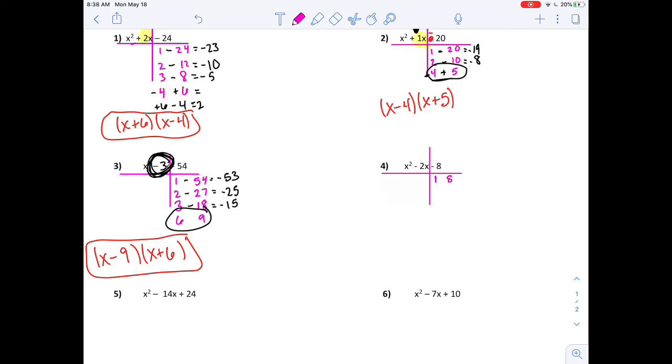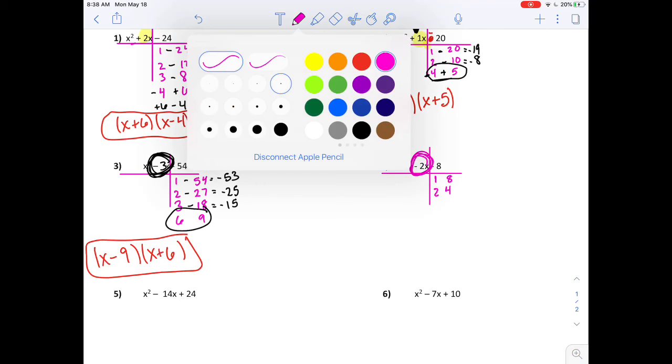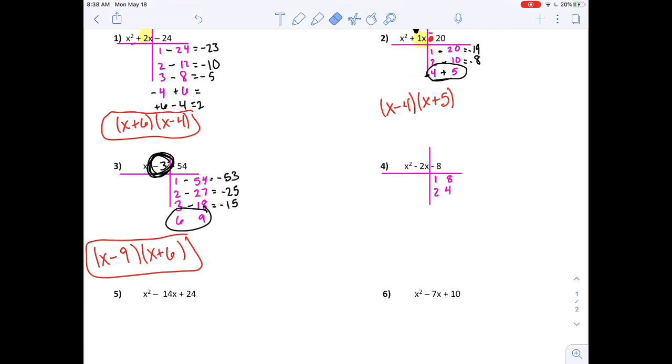What are my factors of 8? I've got 1 times 8 is 8, 2 times 4, and that's it. I want them to be 2 numbers apart on the number line. 1 and 8 are definitely not 2 apart, but 2 and 4 are.